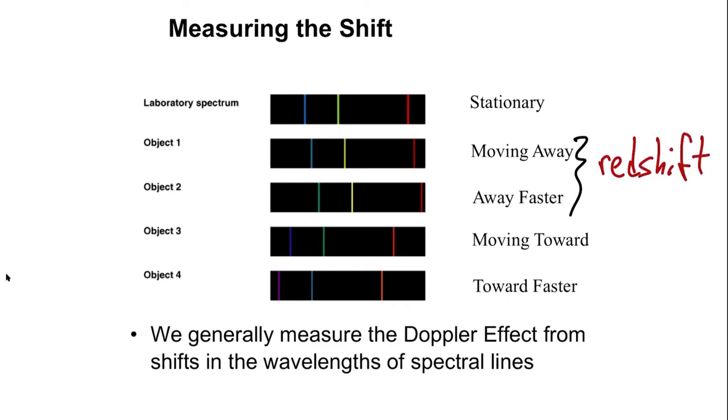Anytime an object is moving away from you, all of those lines get shifted towards longer wavelengths, towards the red part of the visible spectrum, and so we call that a redshift. And you can imagine, since blue is on the other end, we call these a blue shift.